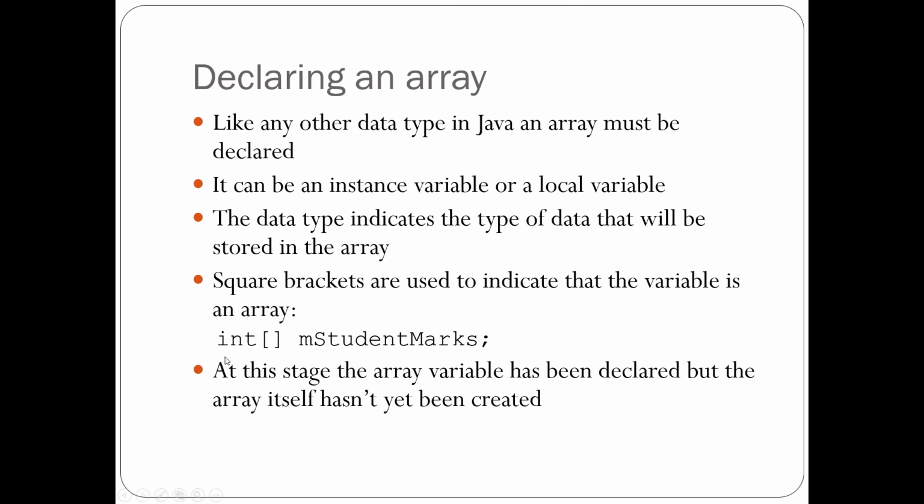This is an integer declaration. The name of the array is mStudentMarks, and the only indicator that we've got that it is an array is that we use the two square brackets. At this stage, all we've done is declare it. We haven't created it, but we're just making the Java compiler aware that we want to use an array, and this is what we're going to call it.